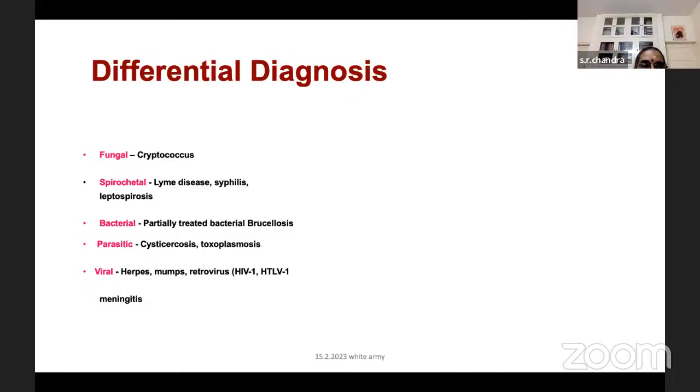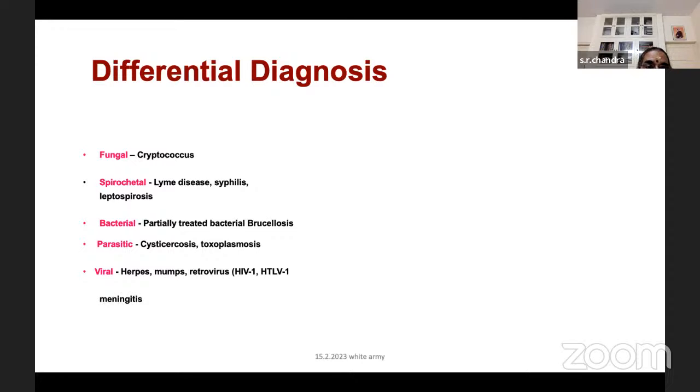So the differential diagnosis: is it fungal meningitis, cryptococcus, the common fungus that comes from bird droppings? Is it spirochetal, Lyme disease, syphilis, leptospirosis? Is it bacterial, partially treated bacterial infections, or uncommon bacterial infections like brucellosis? Then parasitic infections like cysticercosis and toxoplasmosis, and viruses which can sometimes have a subacute course like herpes, mumps, and retrovirus meningitis.